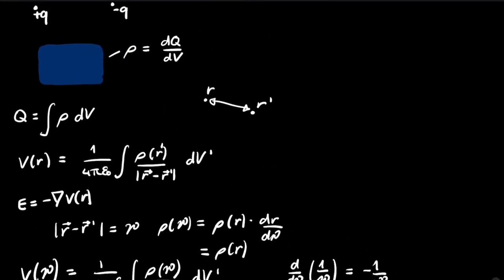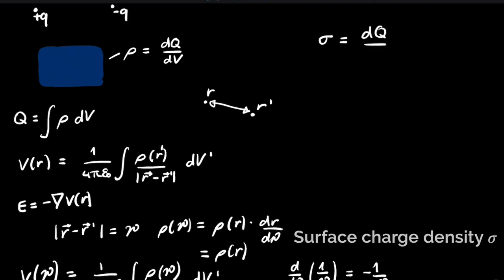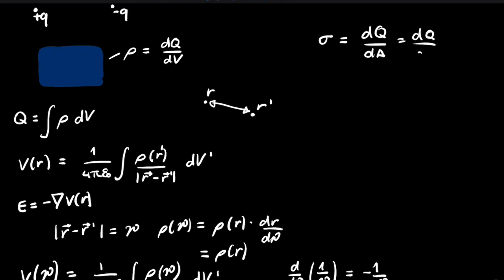The last thing I want to do is that the exact same thing can be applied, but instead of a volume charge, you have a surface charge, sigma. And sigma is dq by dA. The exact same thing applies, but every time we see a volume term, we replace it with an area term, or I've actually been using dS right here for surface.